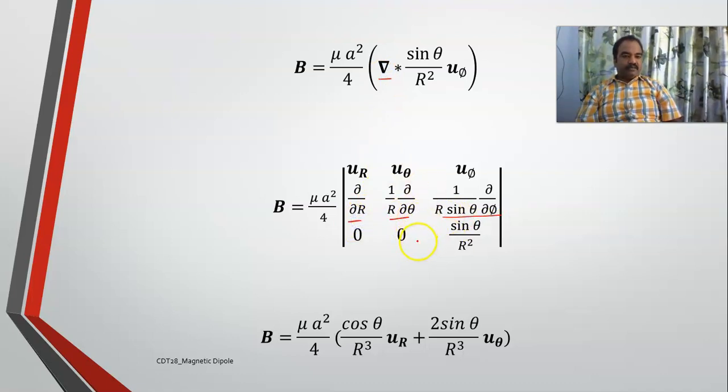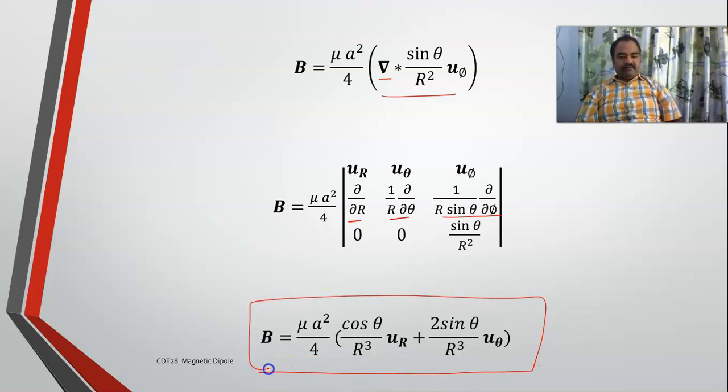We saw how to apply this cross product in the previous class when we were doing magnetic potentials. This is my expression for magnetic flux density, where A is the radius of the circle, theta is the angle made by the point at the center, and r is the length from the center to the point we are considering.